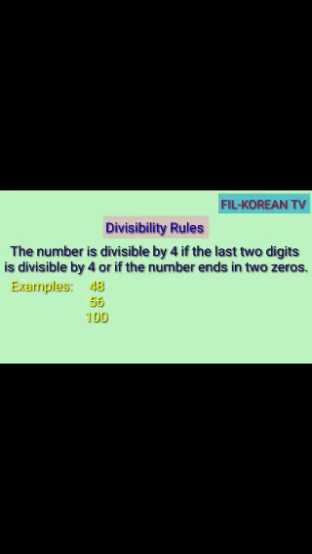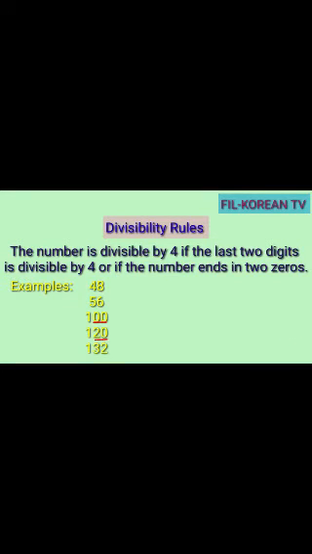Examples, 48, 56, 100, 120, and 132. Ang 48 at 56, dalawang digits lang. Kaya yun na mismo ang titingnan natin kung pwedeng ma-divide sa 4. Dito naman sa 100, 120, at 132, tingnan natin yung 2 last digits nila. Ang 100 nagtatapos sa dalawang 0.